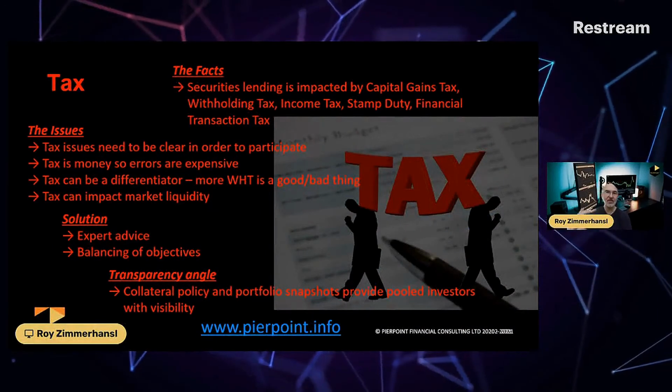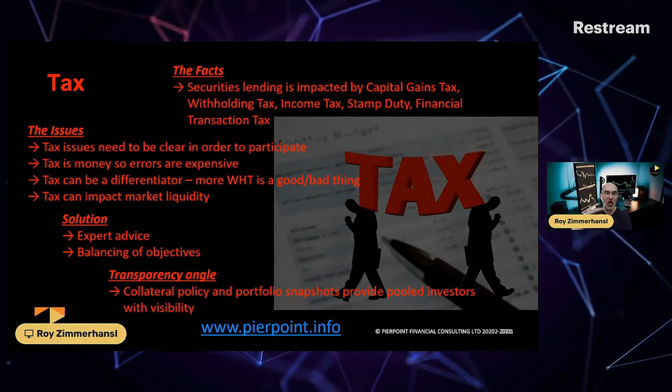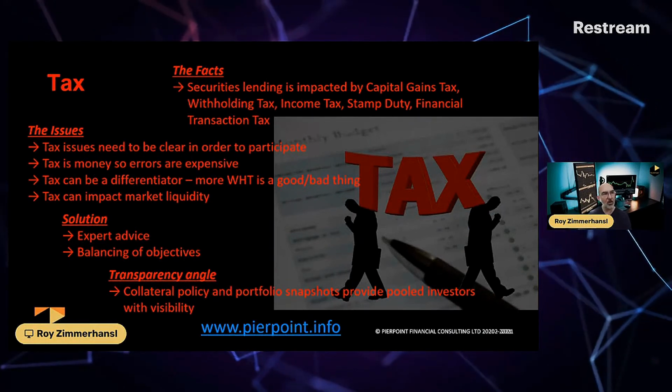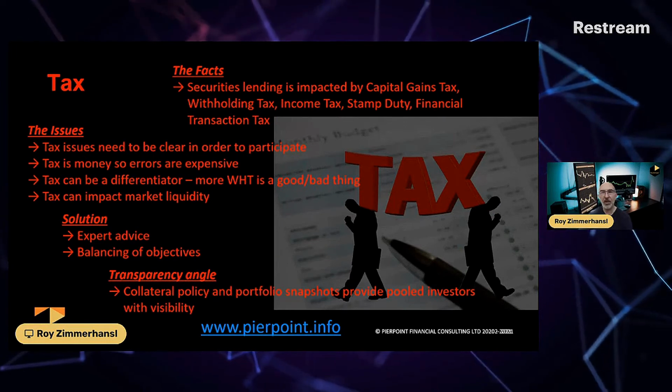So they're very slow and very cautious to make those changes because of the scale and impact on other people. So financial transaction tax, stamp duties, withholding tax, all of these things are really super critical issues to resolve before you get into a new market.